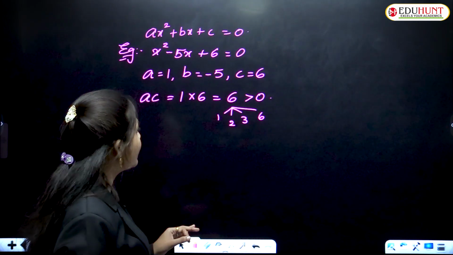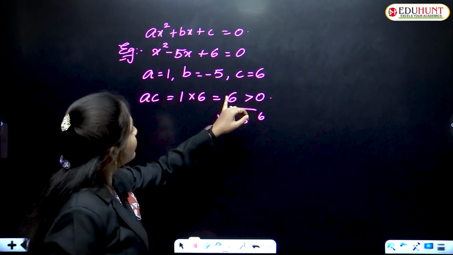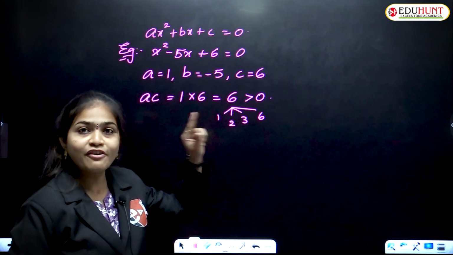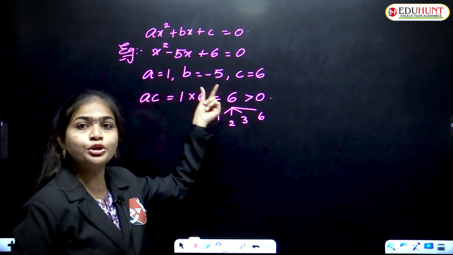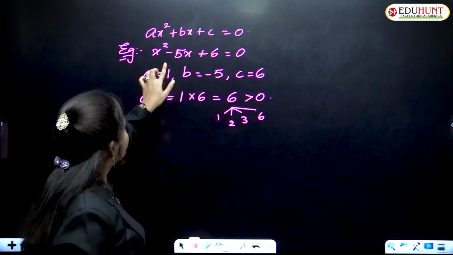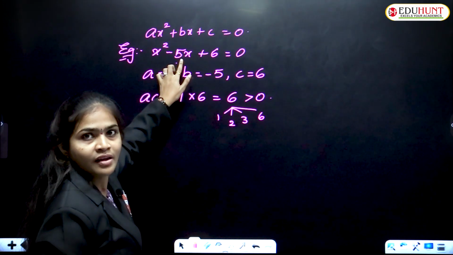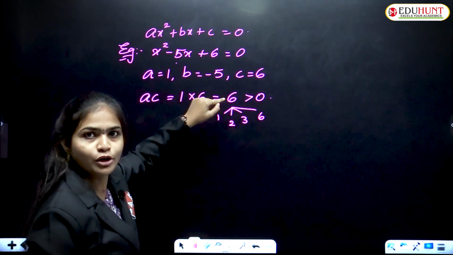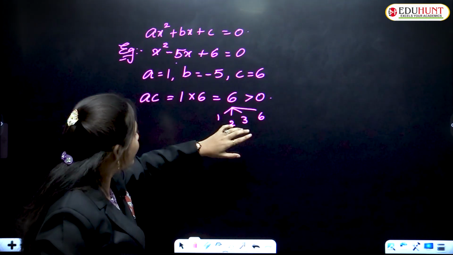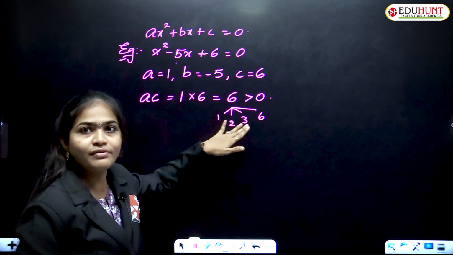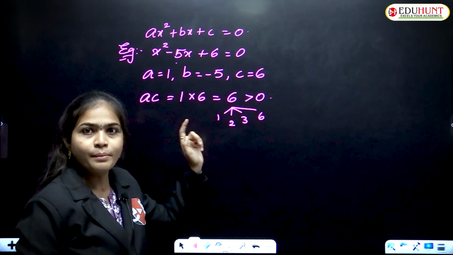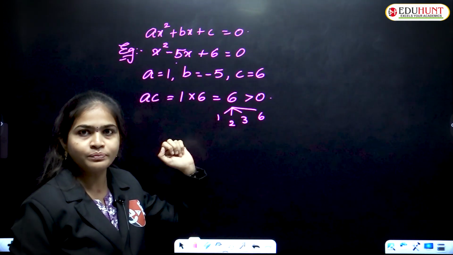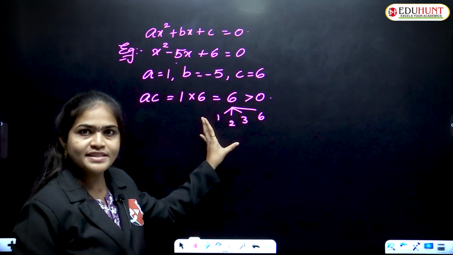Now, if AC is greater than 0, the sum of the factors should be equal to B. What is B here? 5 only. Don't see the sign here. B is equal to 5. So by adding which two of those 4 values will we get 5? 1 plus 2 is 3.